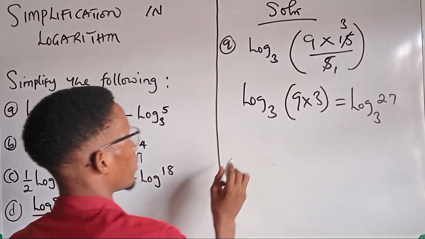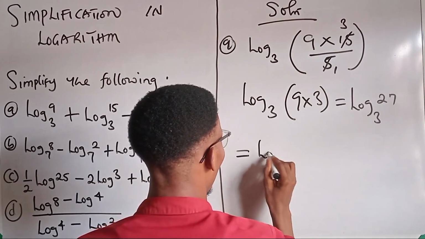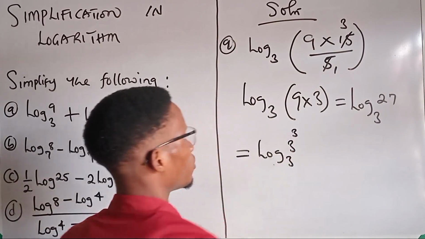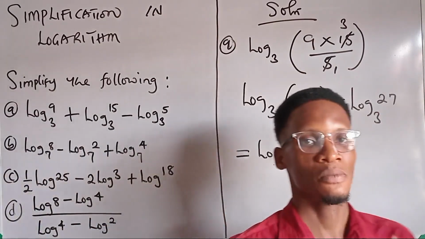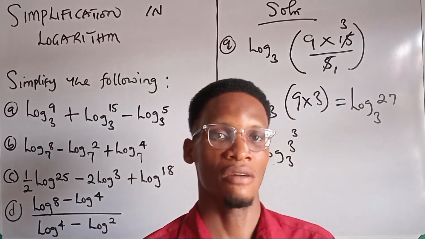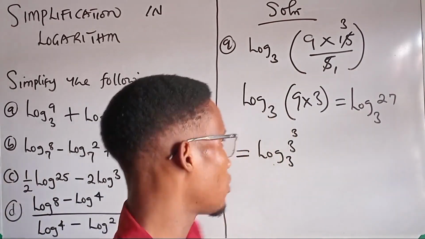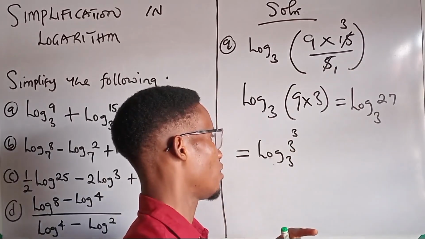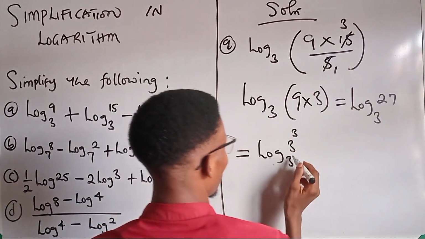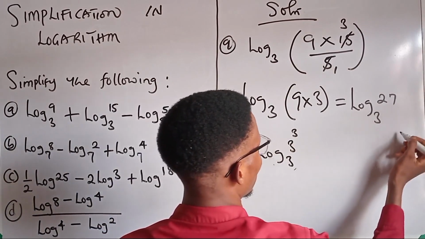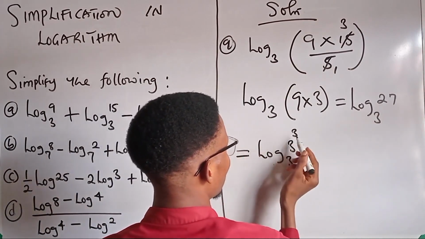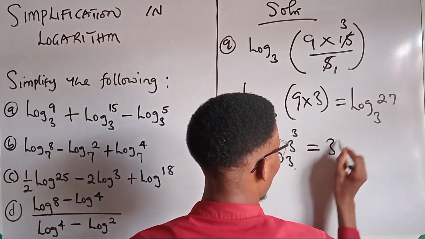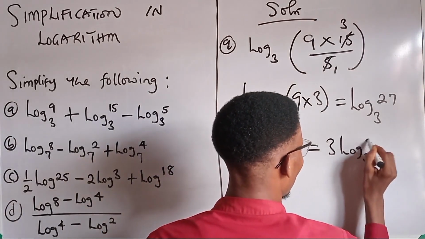Now we're going to have log base 3 of 3 raised to 3, because 27 is 3 raised to the power 3. We simplify it in such a way that it will be 3 raised to 3, because we're already having a base of 3. You know that this 3 should now come down, so it's going to be 3 log 3 of 3.